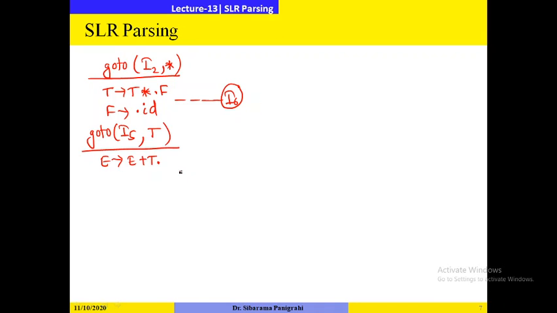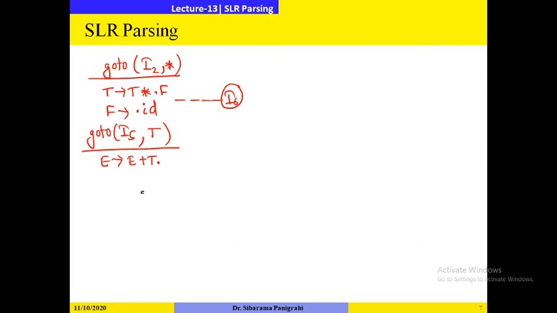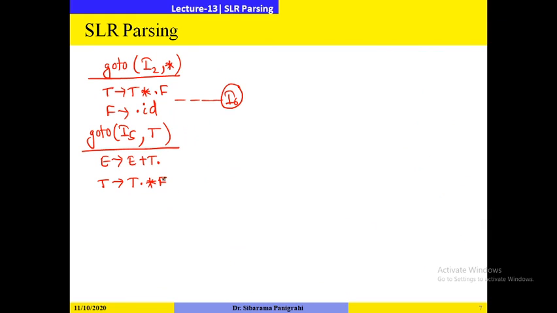So here I have jumped the T. Next what I will get? T gives to T dot star F. This one. Okay. Here I can jump the T also. So T gives to T dot star F. Anything else can I jump? No. T I cannot jump. So this much. So this will be termed as I7. I7. Item 7.